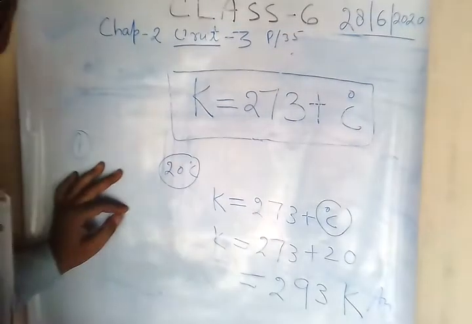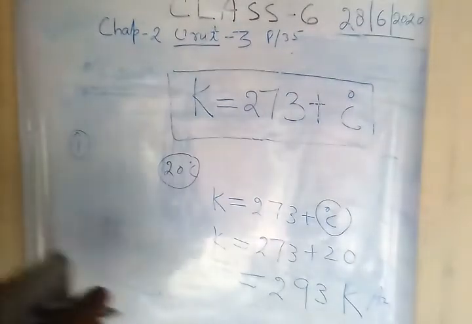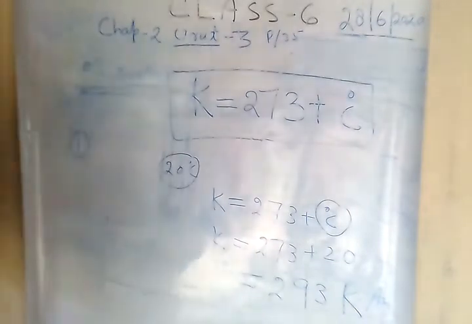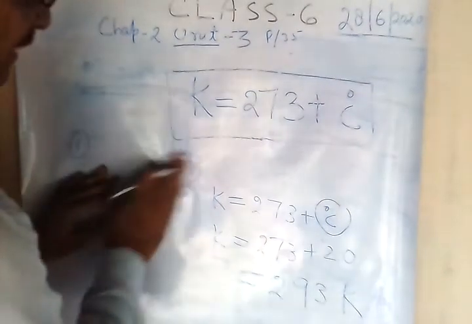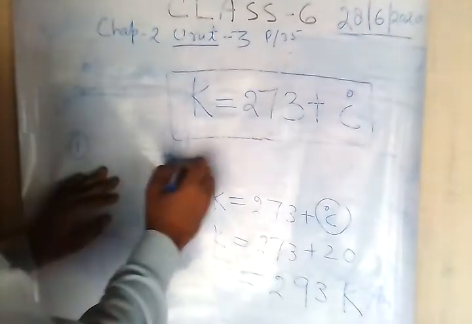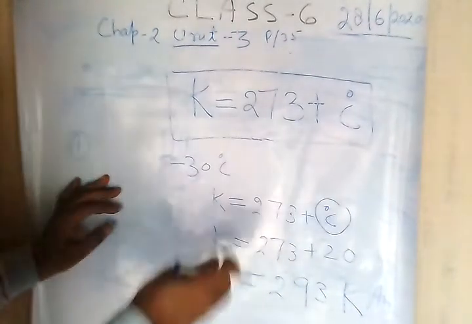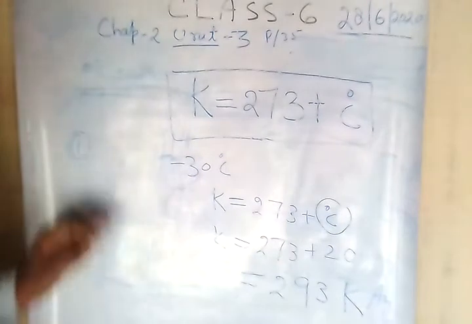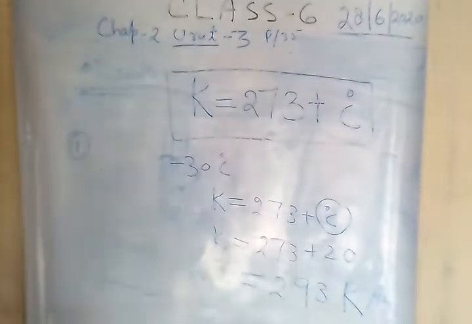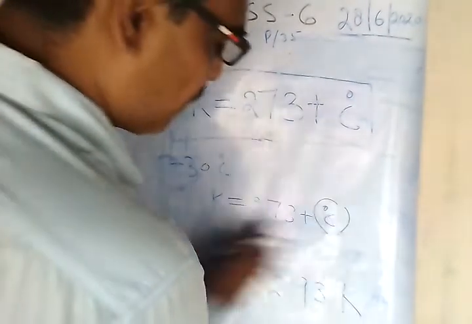If the temperature is given in minus centigrade, then how? Suppose the temperature is given as minus 30 centigrade, and we are asked to convert it into Kelvin. Then how will we convert it? See here. We write the formula.